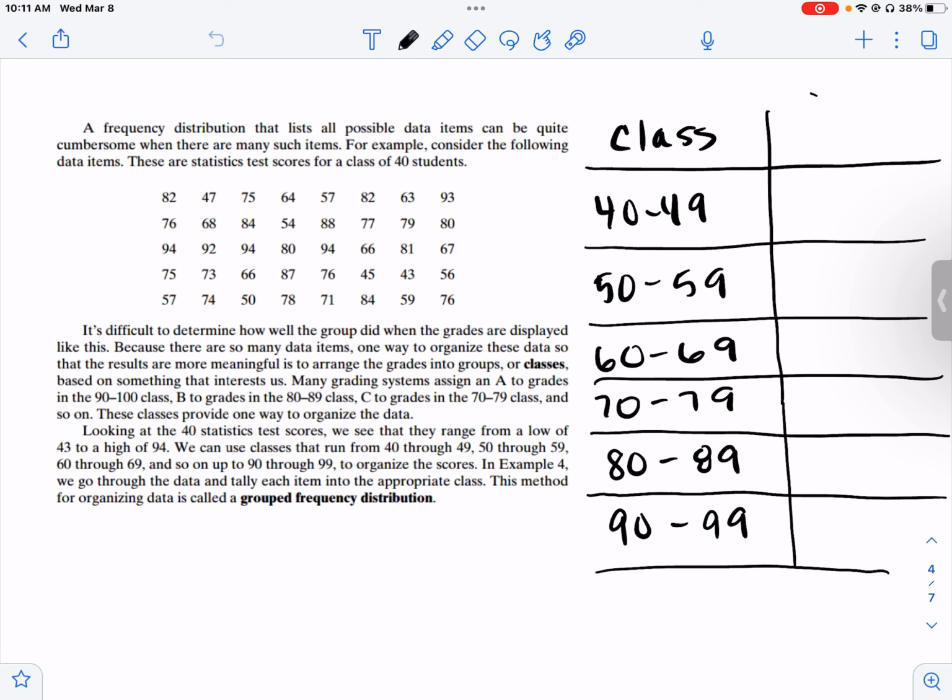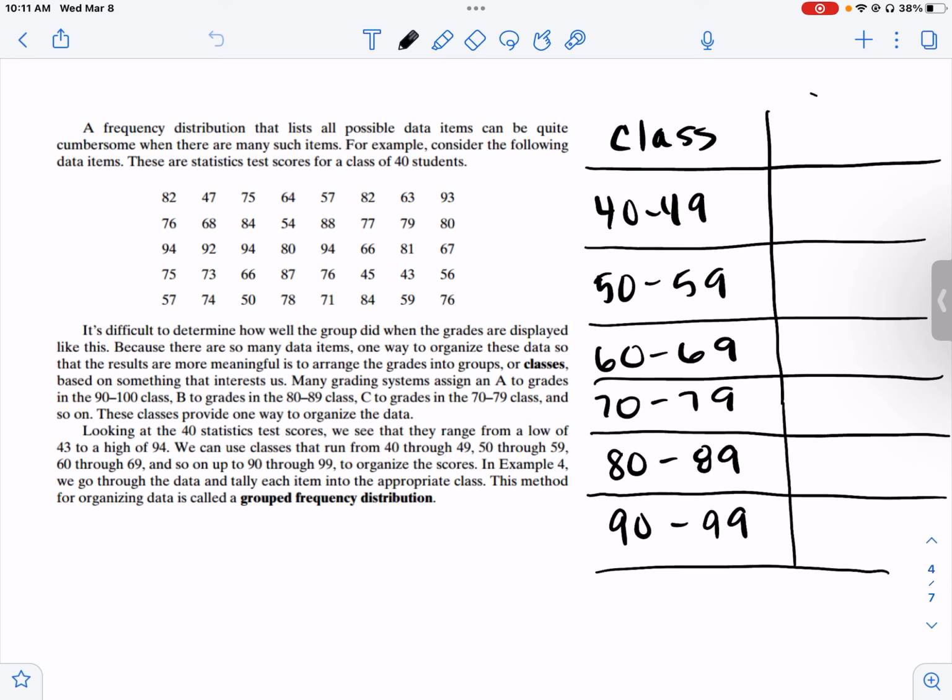A frequency distribution that lists all possible data items can be quite cumbersome, which just means tedious. It would take a lot of time and would be very long when there's many such items. So look at those numbers. We wouldn't want to list out every single number. I see 54 all the way to 82, that is a lot.